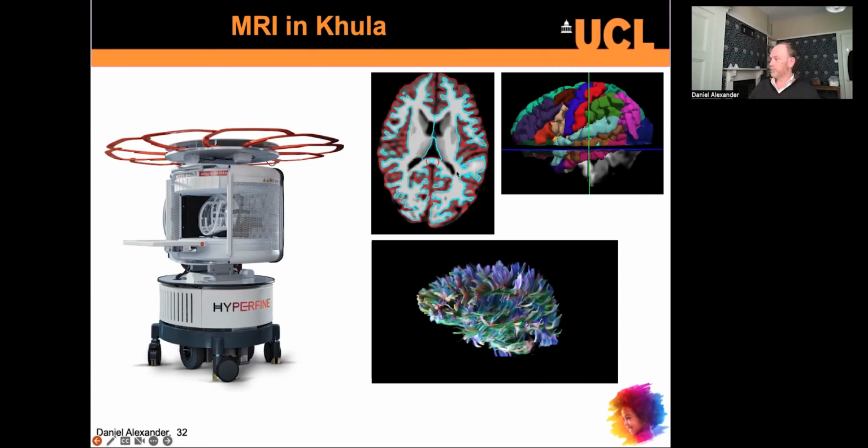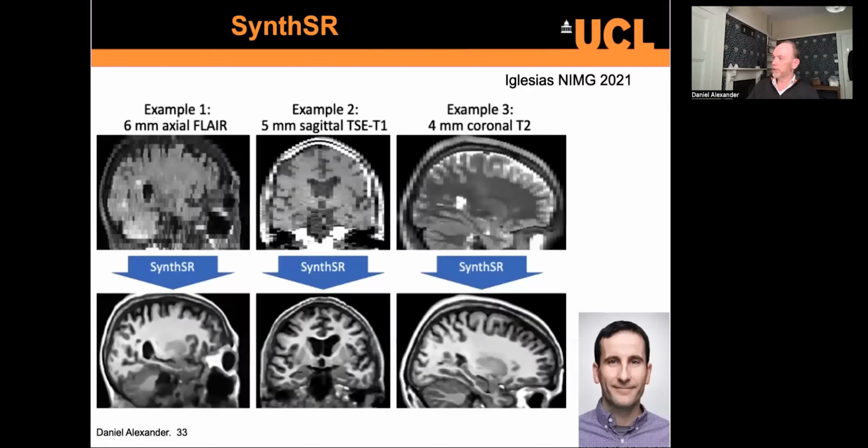That's a relatively simple task. The other task, much more challenging, going back to some of my earlier slides, is trying to get some measures of actual connectivity recovered from diffusion imaging and tractography. That's a major challenge on a machine like this, but we'll come back to that in a minute.